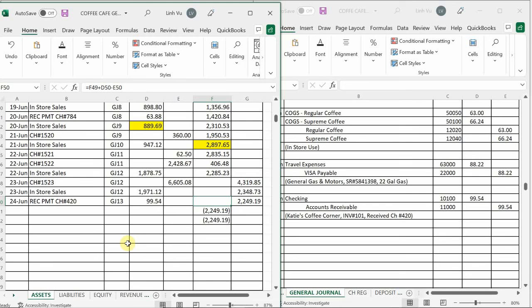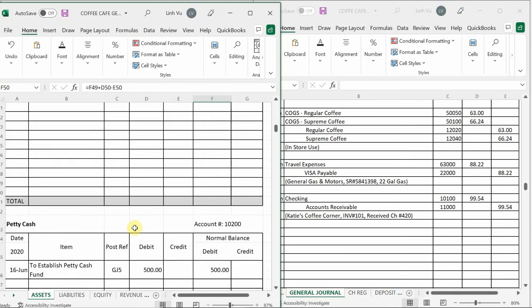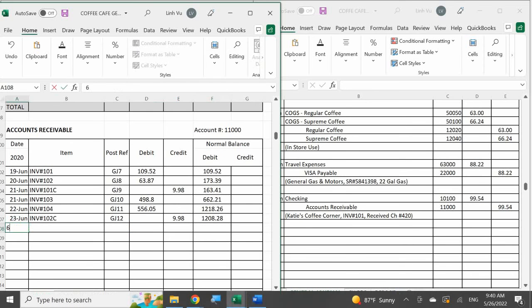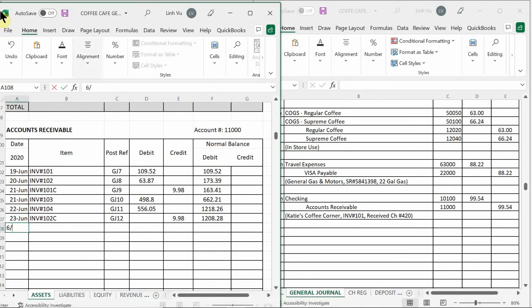Okay? And we're going to reduce the amount of accounts receivable by $99.54.